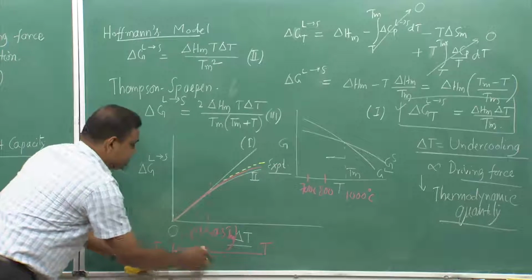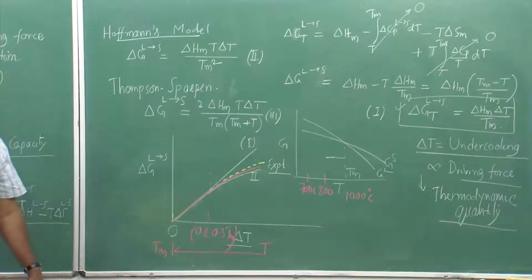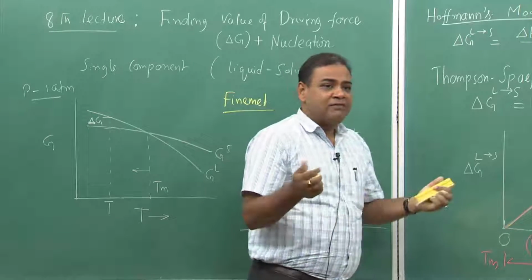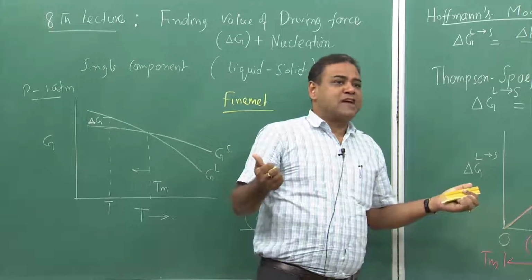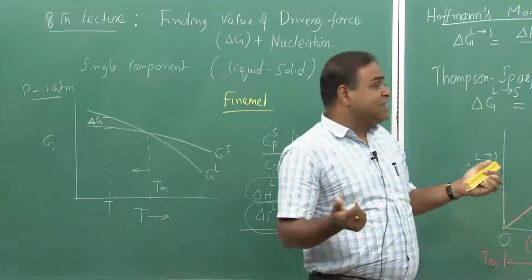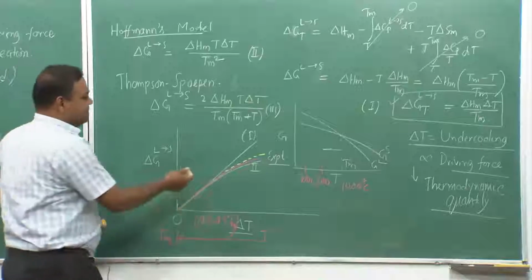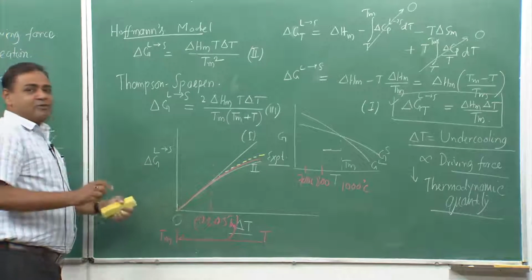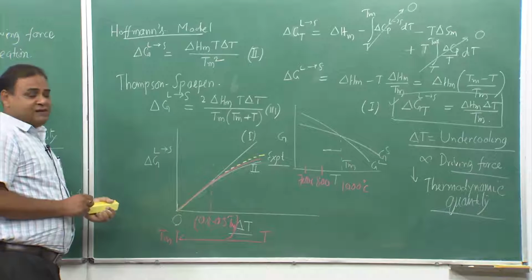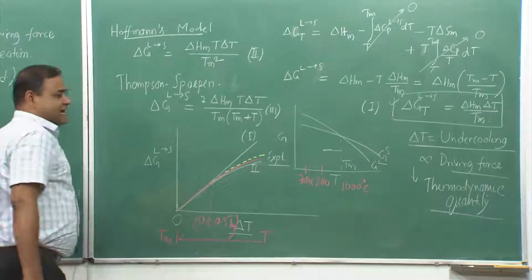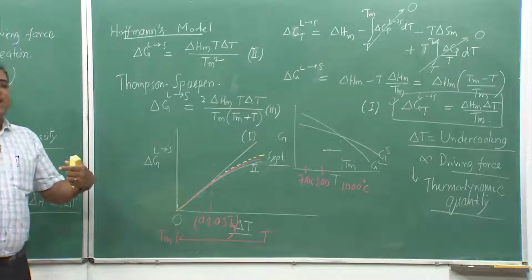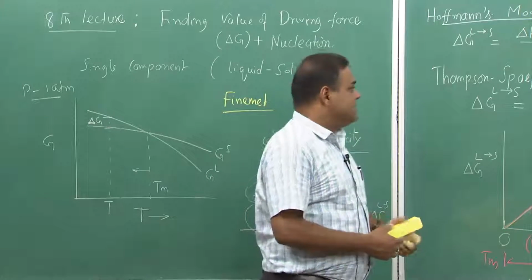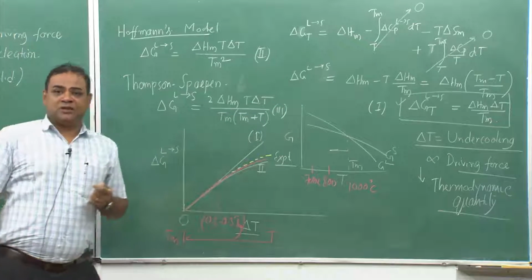So, within this range of 200 to 300 degrees Celsius below Tm, we have most of the reactions. That means we do not need such complicated expressions. We are okay with a simplified expression, since within the temperature range I would be concentrating on, it would not make any difference even if we use a very simplistic approach.